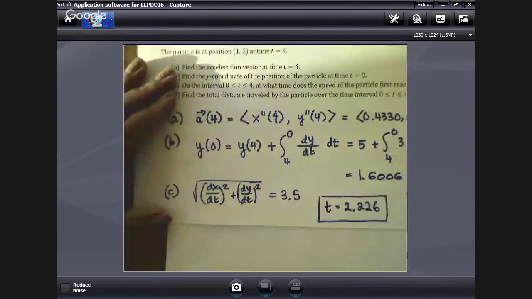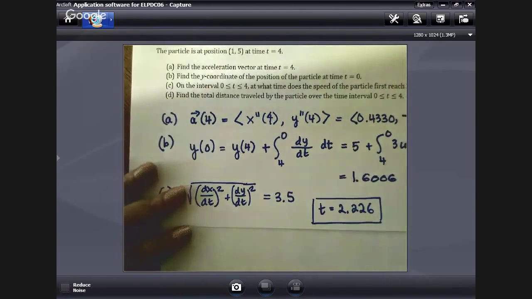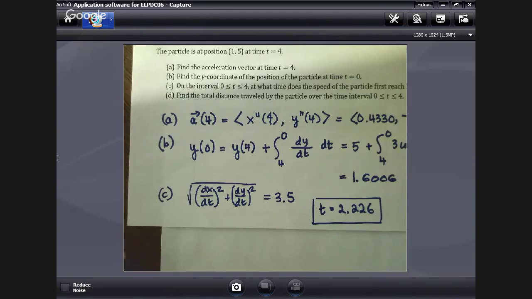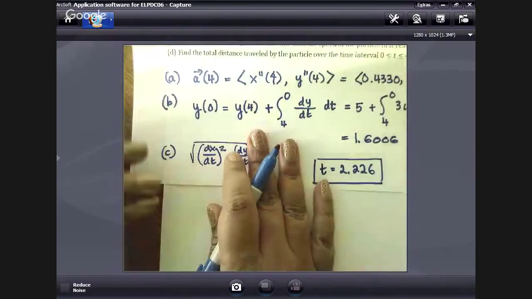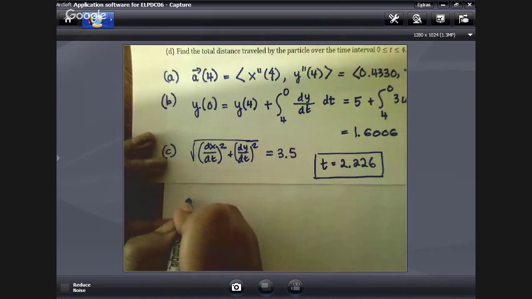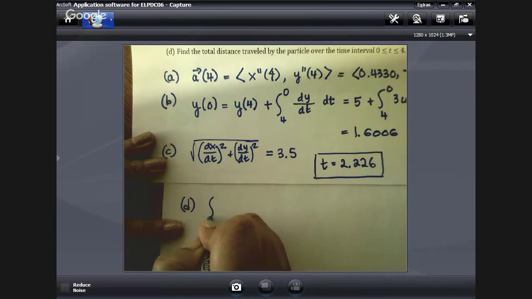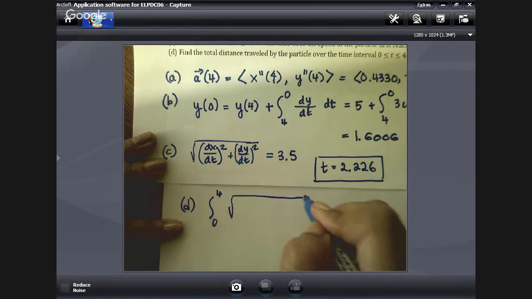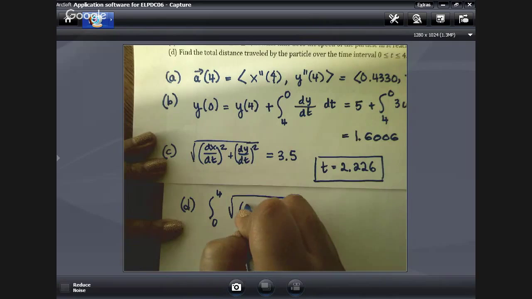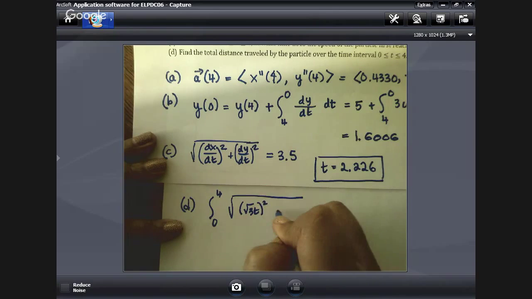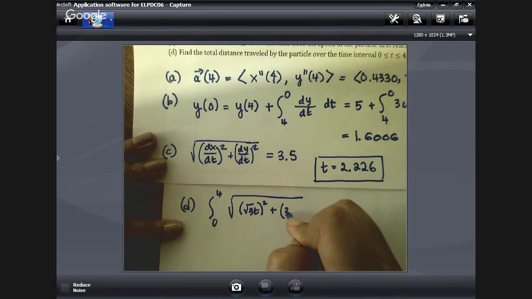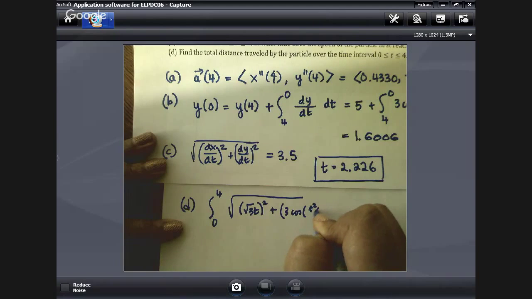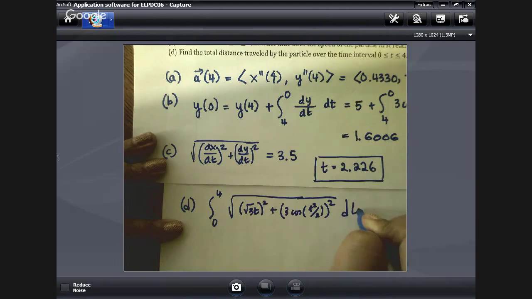Looking at part D. Part D says to find the total distance traveled by the particle over the time interval from 0 to 4. So I'm going to slide this up a little bit so you can follow along. So for part D, distance traveled, I integrate speed from 0 to 4 of the square root of dx dt squared plus dy dt squared dt.